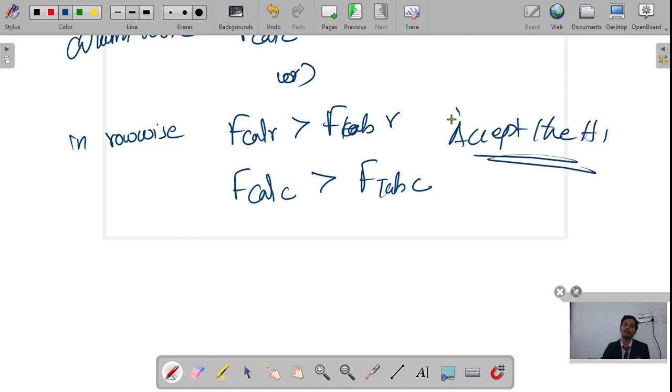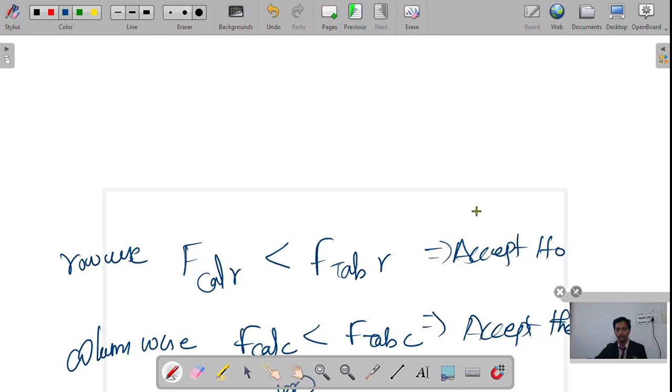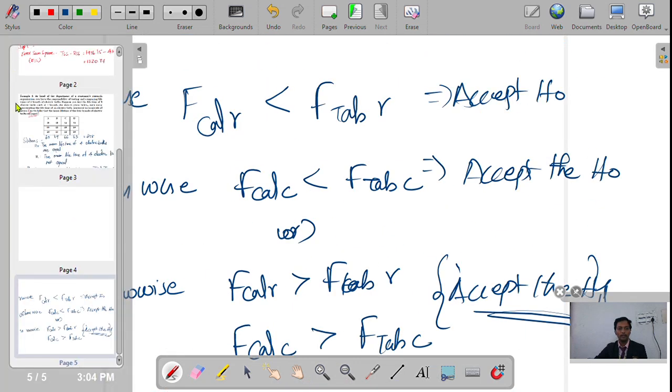Both cases give the same answer. This is the way we find the answers.